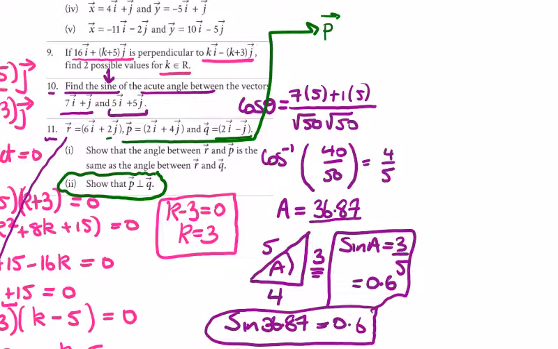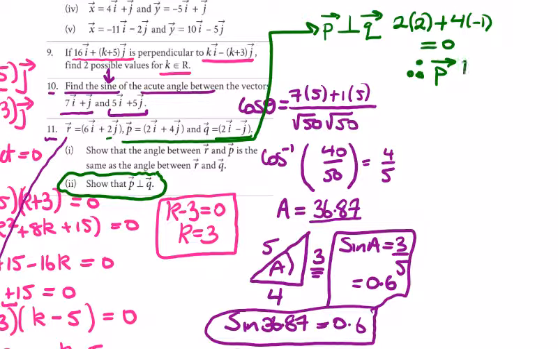Is the vector P perpendicular to the vector Q? You're going to say the dot product is 2 by 2 plus 4 by minus 1, which is equal to 0. Therefore, the vector P is perpendicular to the vector Q.